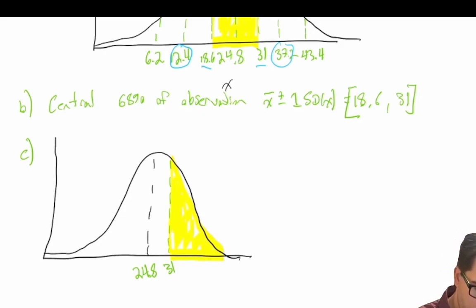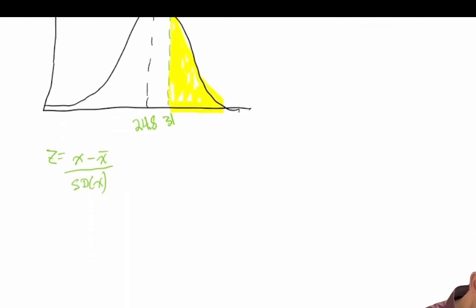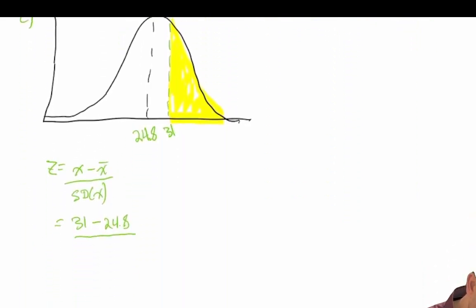So let's go ahead and calculate a z-score. So z is equal to the observed value of x minus the expected value of x divided by our standard deviation of x. So 31 minus 24.8, right? Our observed value minus our expected value divided by our standard deviation, which we're told is 6.2.